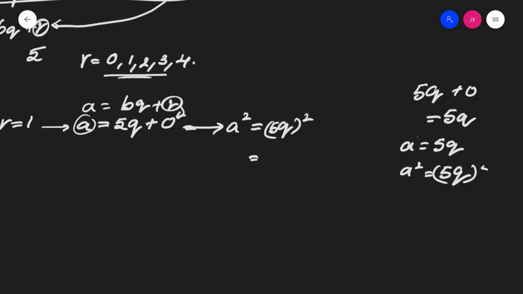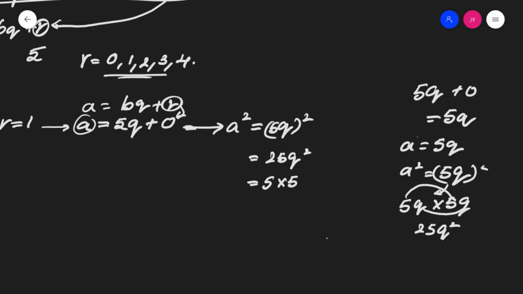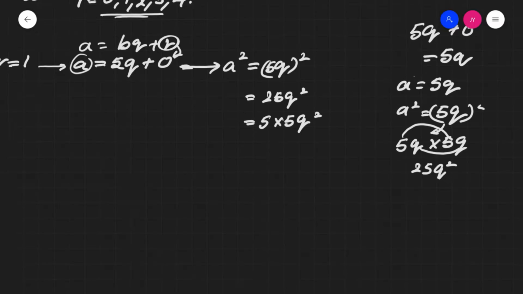Right? So 5q square. How to find 5q square? 5q square meaning is 5q into 5q. So 5 into 5 is 25, and q into q is q square. So 25q square. How can we write this 25q square? You can write it as 5 into 5q square, right?